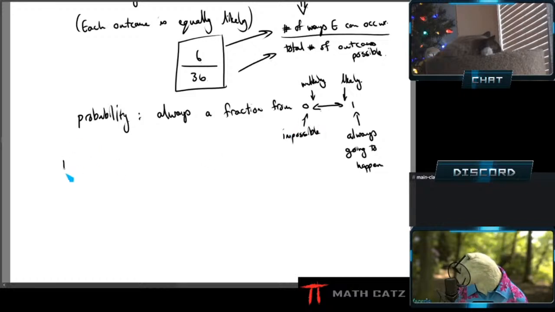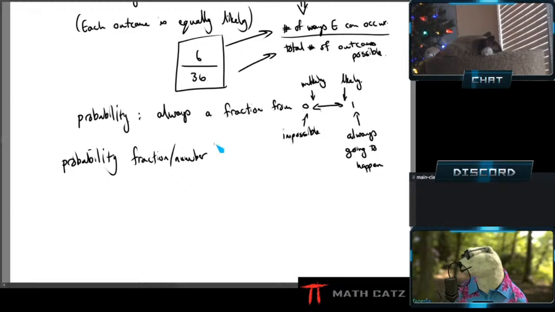So the probability fraction is a number, the probability value, it's a measure. I'm associating a number to tell me something.